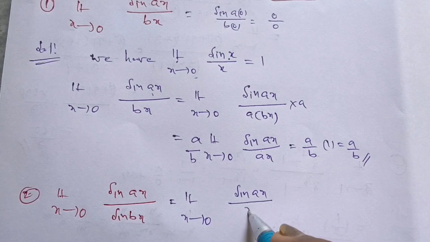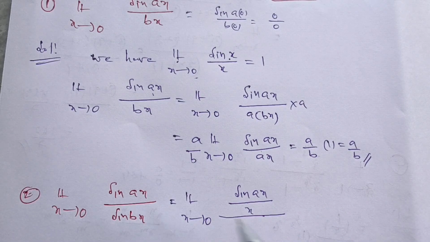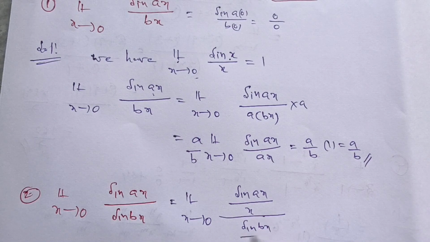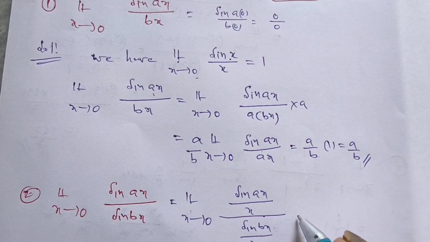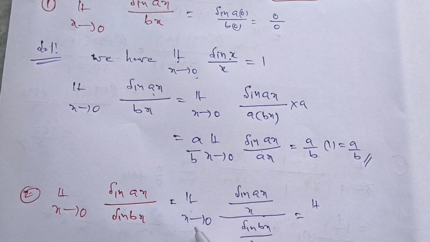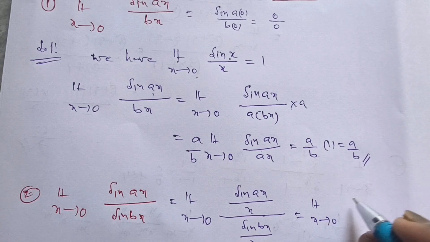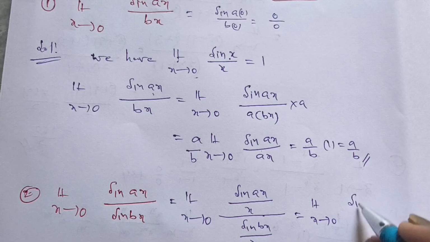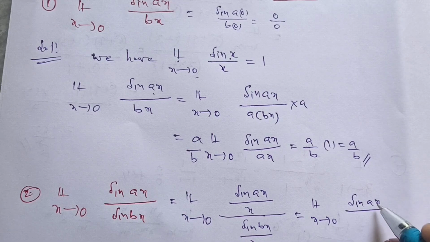That's why we convert the numerator and denominator into the standard form as above. So divide the numerator and denominator by x. Then we have limit x approaches 0, sin ax by x divided by sin bx by x.